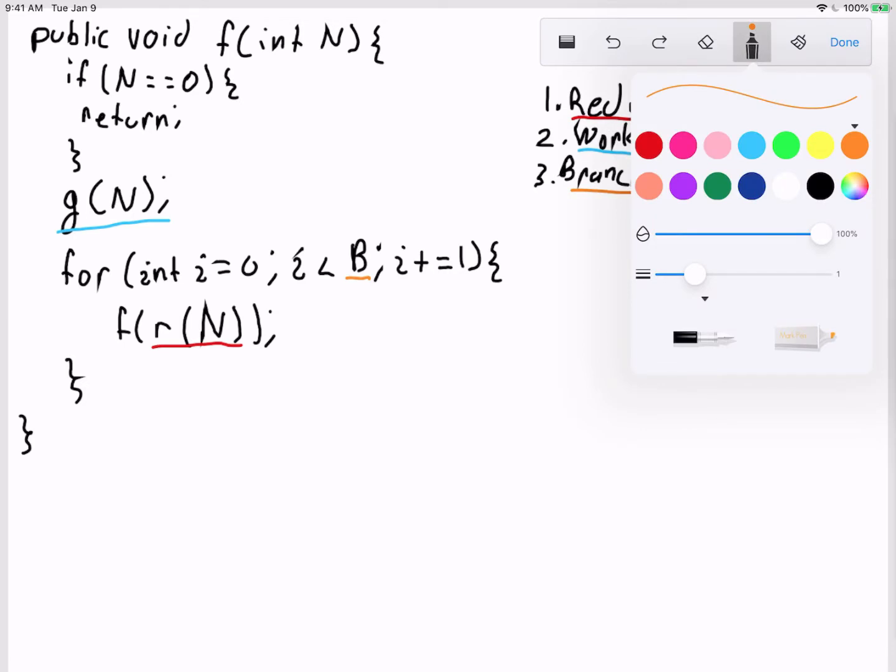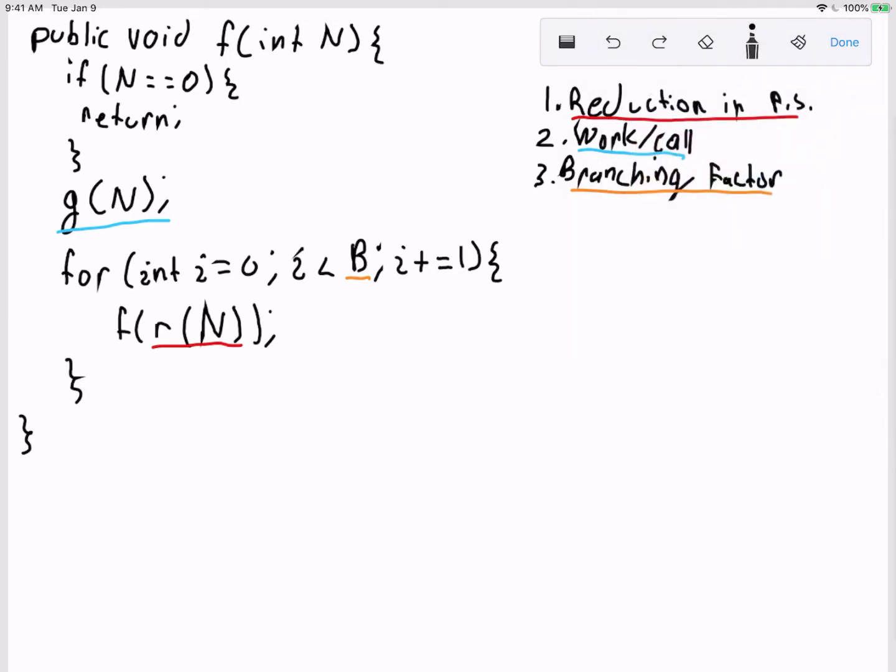Generally, all recursive functions will be doing some amount of work per call. That's this G function. Maybe they don't call a function. Maybe they do a double for loop or a single for loop, or something that takes some amount of work.